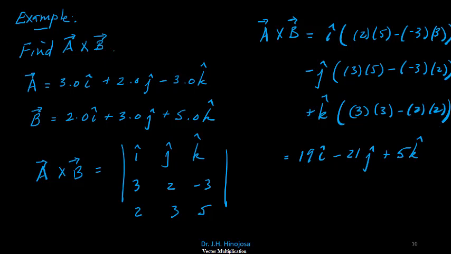Taking two significant figures, this will be 5.0. Okay, so this gives us the cross product of A and B.